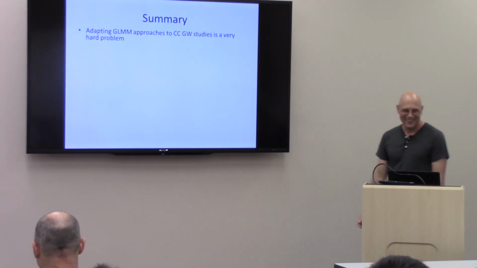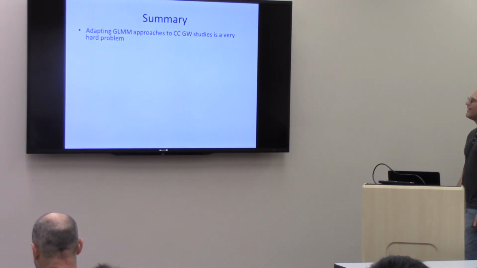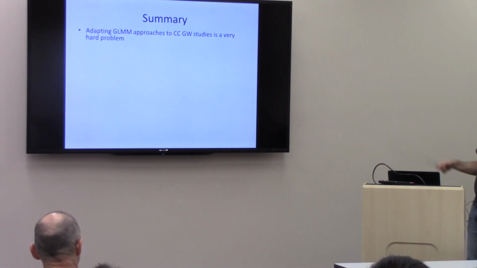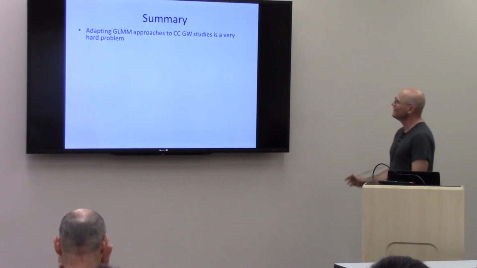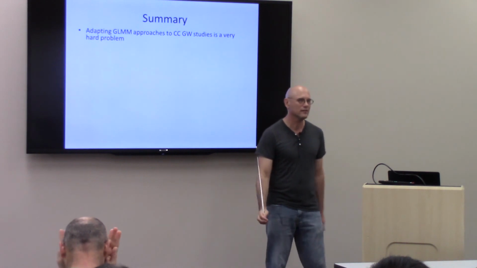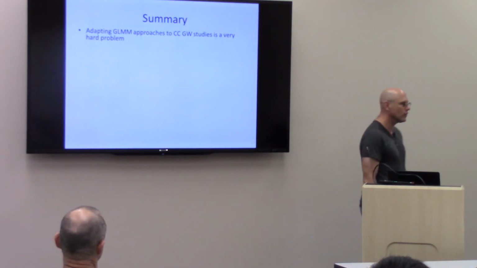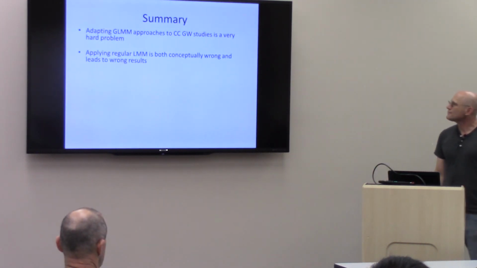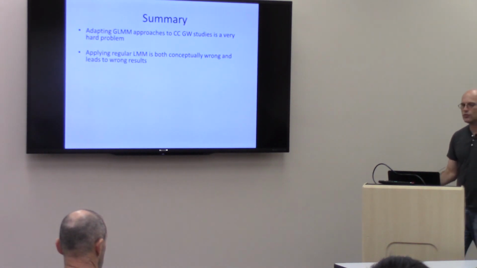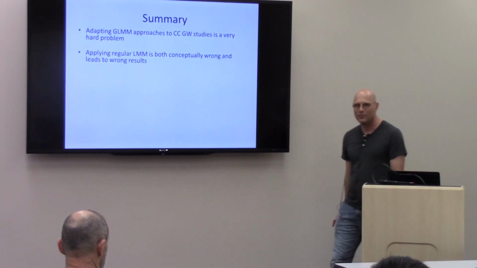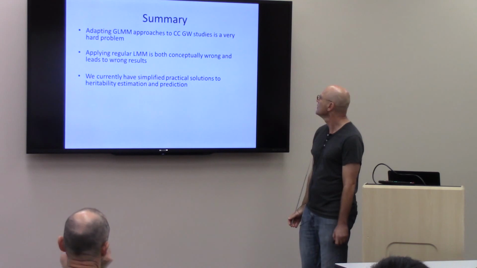OK, so summary. That's a good time for summary. I hope I convinced you. I convinced myself, by sweating here, that it's a hard problem to apply these GLMM approaches to case control. And that we should not go about starting from applying regular LMM to case control studies.